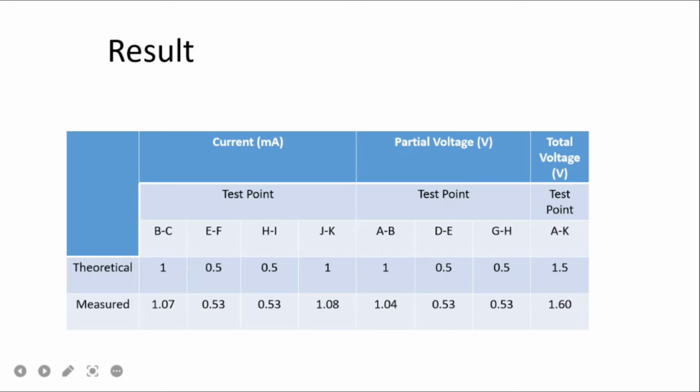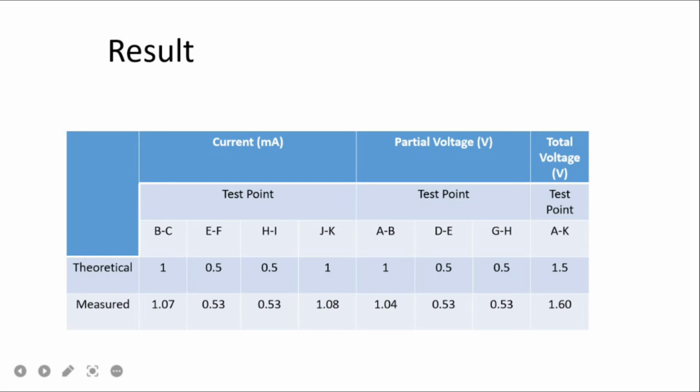From this table, the measured partial current at test points E, F and HI were 0.53 milliampere, while the theoretical value was 0.5 milliampere. For the total current, the measured values at test points B, C and JK were 1.07 milliampere and 1.08 milliampere, while the theoretical value was 1 milliampere.